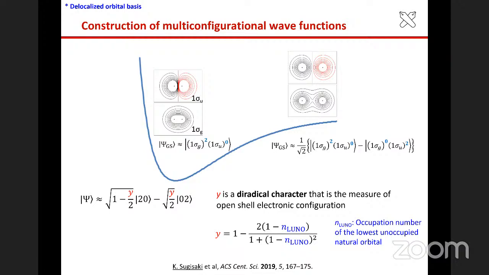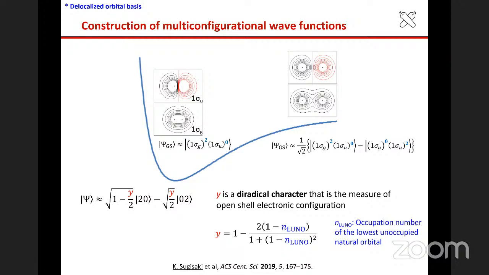So it means that if we calculate the expectation value of the occupation number for this wave function, we have 1 minus y over 2 for the doubly occupied orbitals, right? So for instance, we focus on this orbital. The occupation number can be calculated like 1 minus y over 2 in this case.